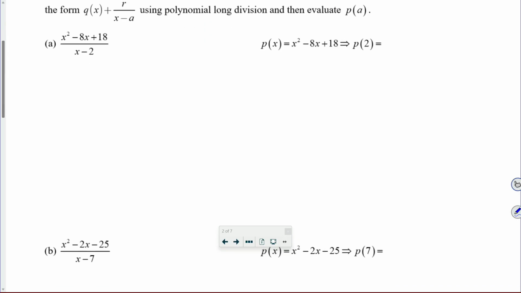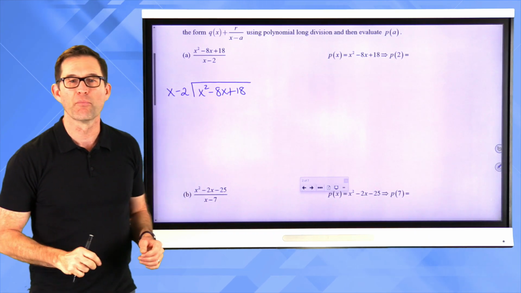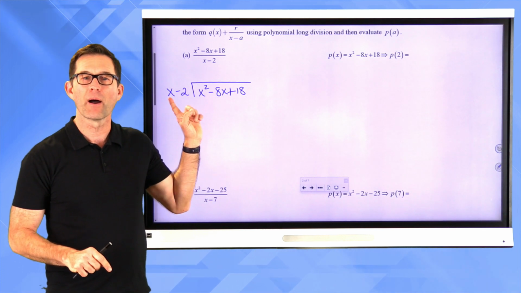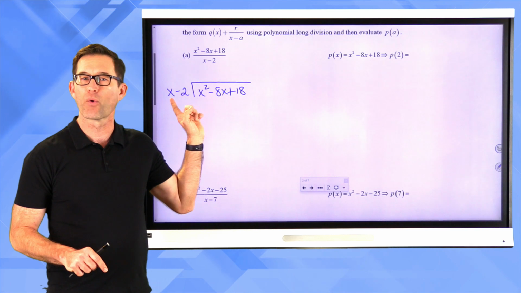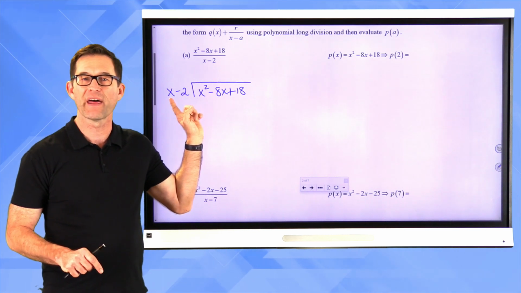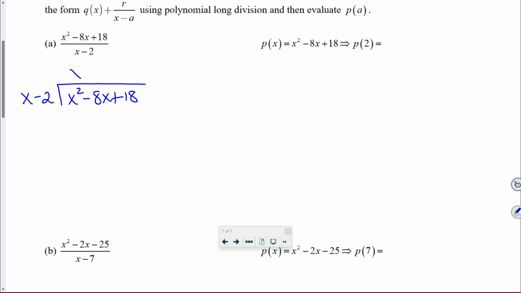All right, here we go. So I'm going to take x squared minus 8x plus 18, and I'm going to divide by x minus 2. Remember, I'm going to take this x and that x squared, and I'm going to just match them up. Now, in order to get an x squared, I'm going to multiply that x simply by x, and then I do x times x minus 2, which is x squared minus 2x.